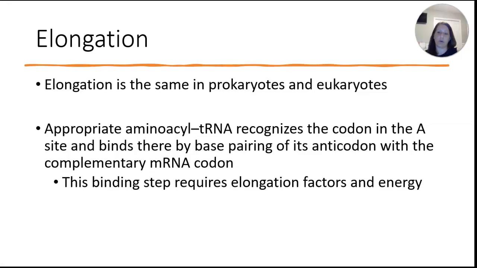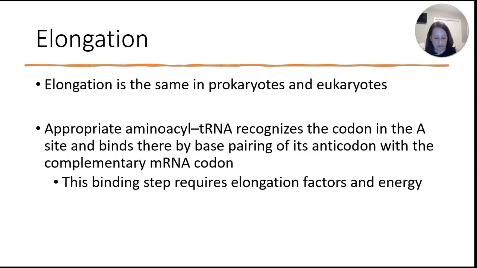And elongation in prokaryotes and eukaryotes looks exactly the same. It's just repeated round after round of the appropriate amino acid tRNA coming into the A site, its anticodon complementary base pairing with the codon of mRNA, and then the movement of the growing polypeptide to the amino acid in that A site.